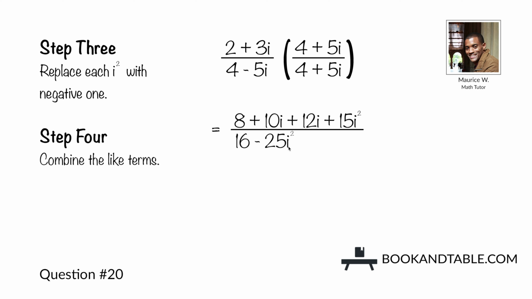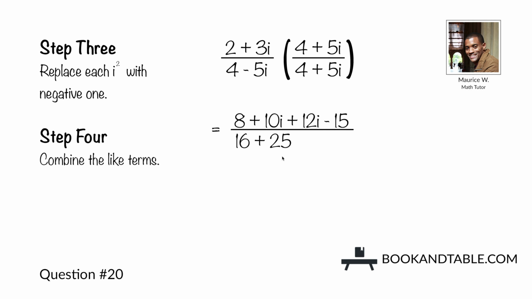And now we want to replace each i squared here and here with -1, giving us 15 times -1, which is -15, and negative 25 times negative 1, which will give us positive 25. And now we have 8 plus 10i plus 12i minus 15 over 16 plus 25.